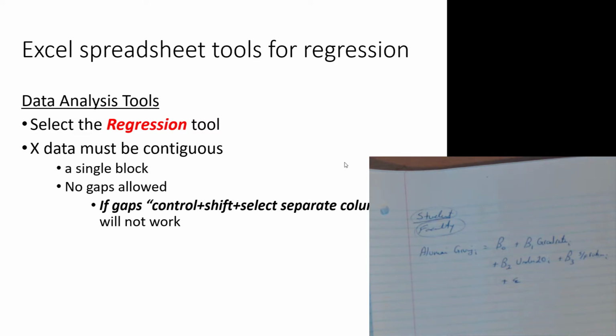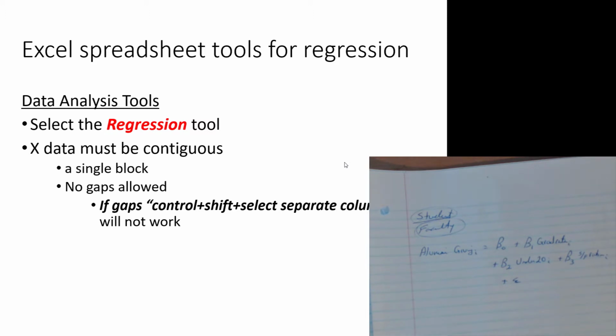A couple of things to remember. Really, it's just filling in a dialog box. But before we get that far, the X data, the independent data, this is just particular to Excel, must be as a single block. Must be all bunched together: X1, then X2, then X3.